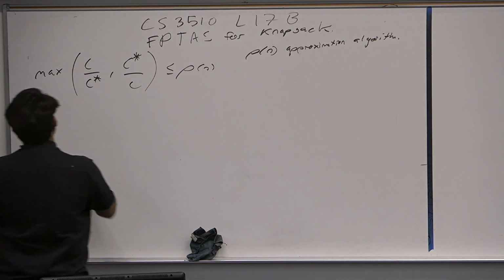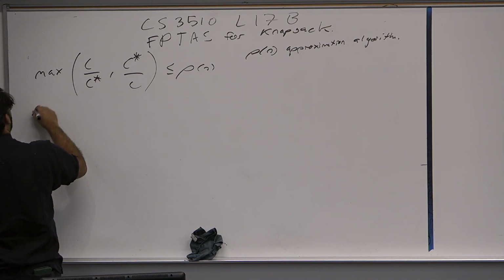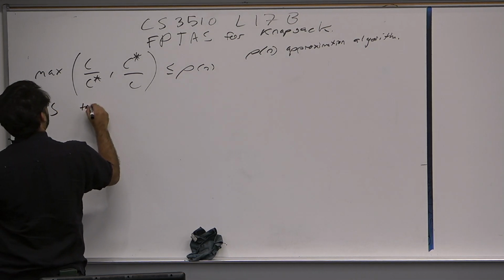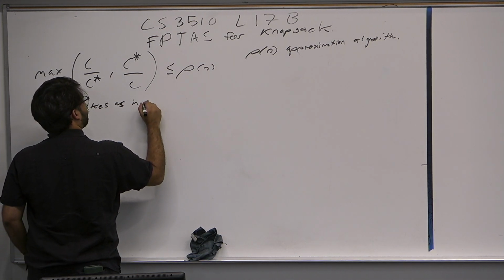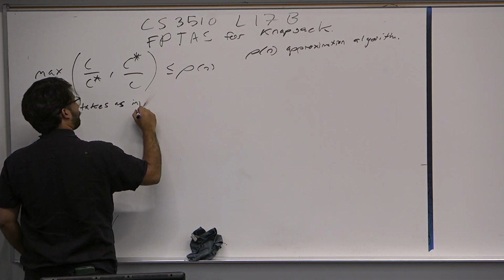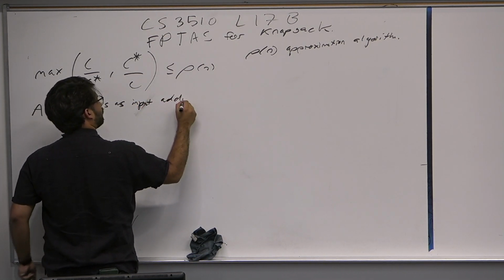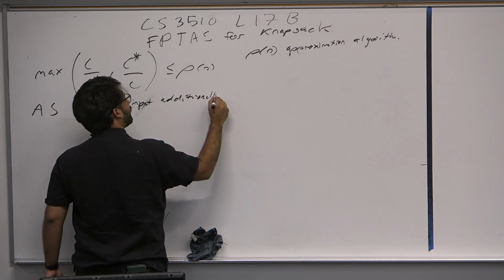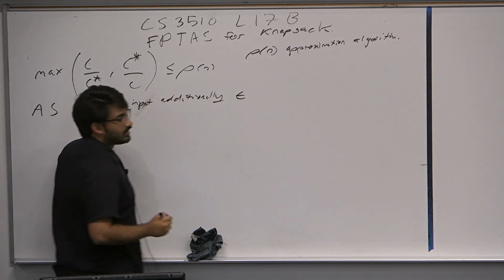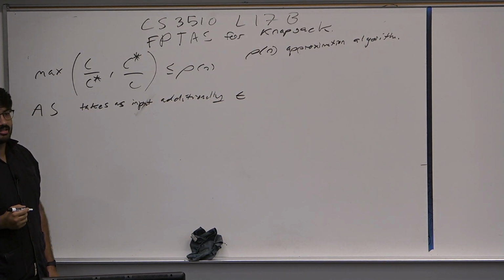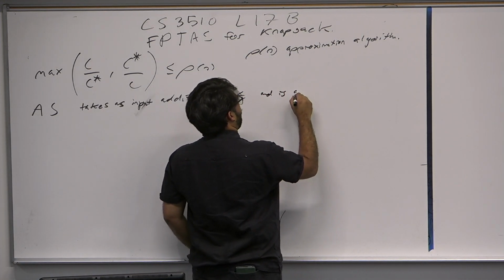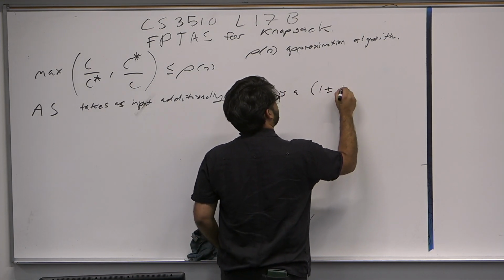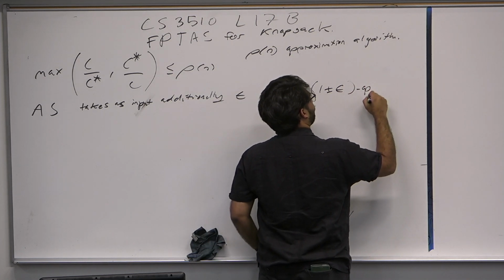An approximation scheme takes as input, additionally, besides what it was going to take on, an epsilon, and the epsilon will determine how much error it seeks, and is a 1 plus or minus epsilon approximation algorithm.